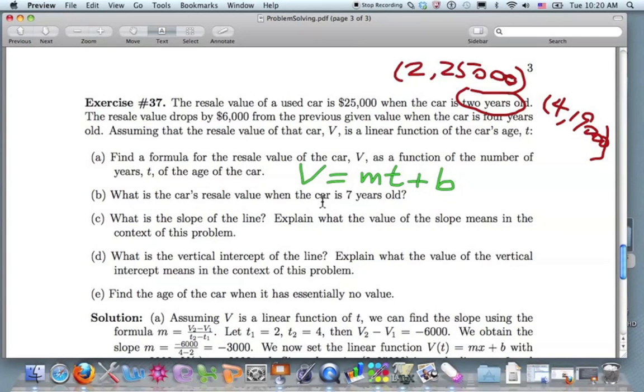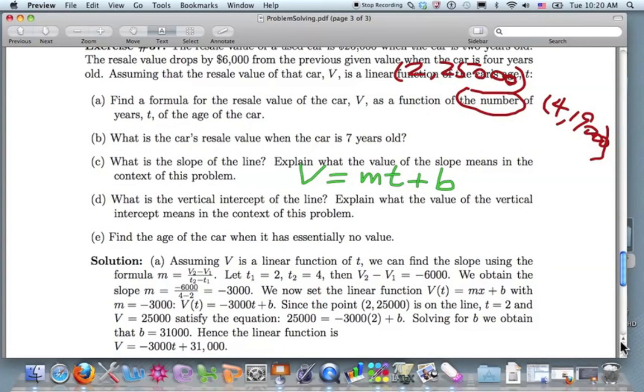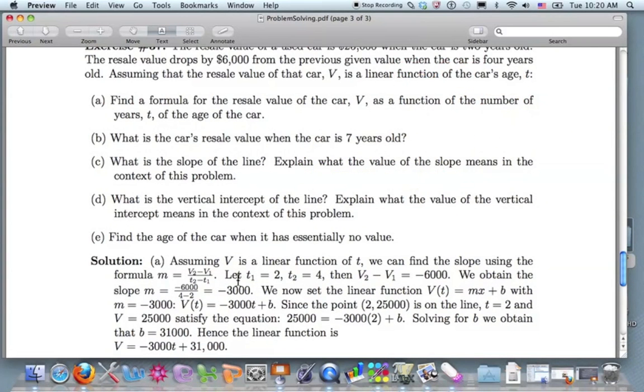Looking at the solution, we need to find m, as I mentioned. We can use 6,000 directly, but notice that it's negative, because car resale value goes down, not up.